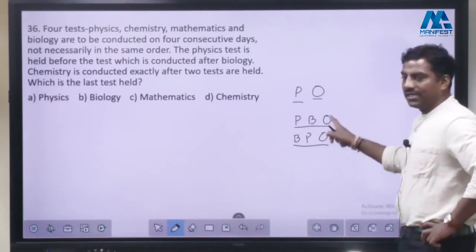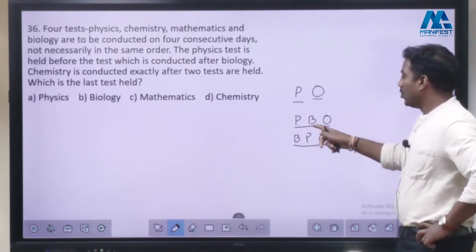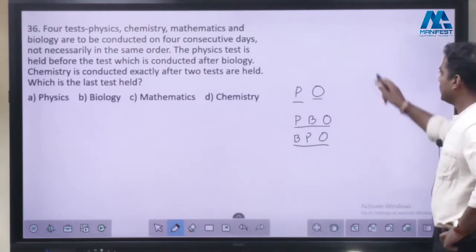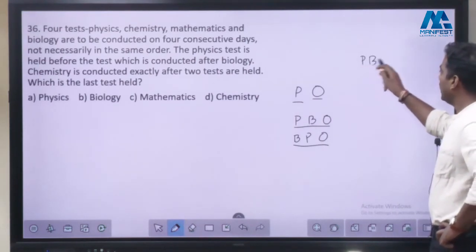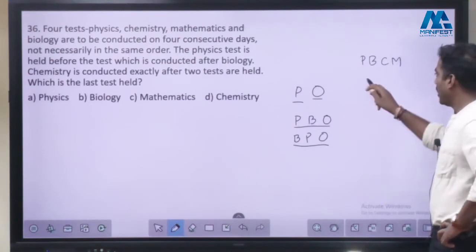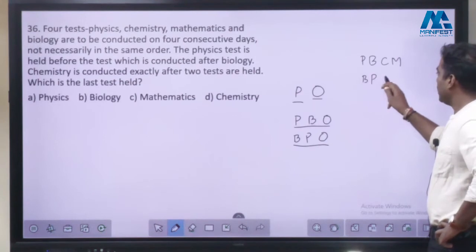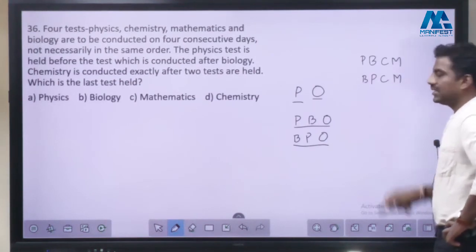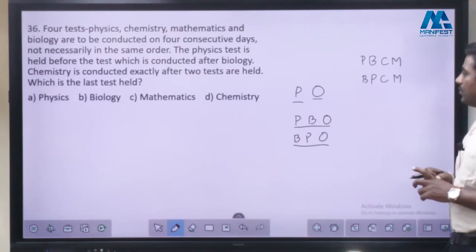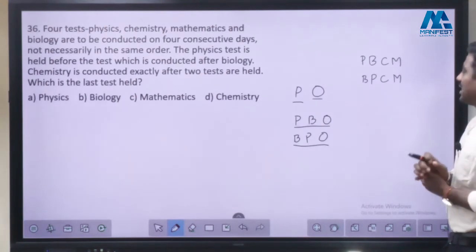Anyways, this test is later. So, chemistry has to be conducted exactly after 2 tests. So, P, B, C and another test is maths. Or B, P, C and another test is maths. So, this has to be the order. Yes or no? Now, which is the last test held?